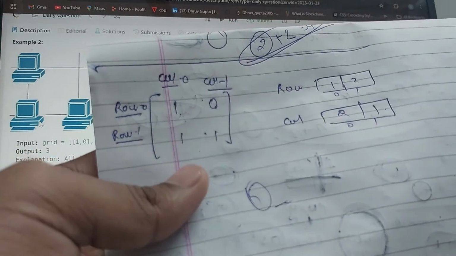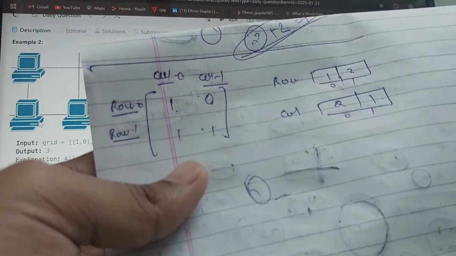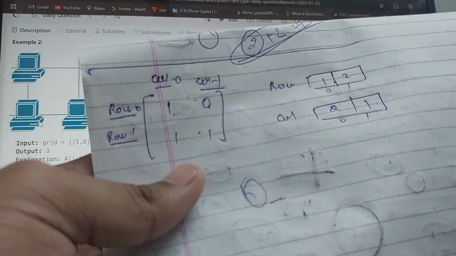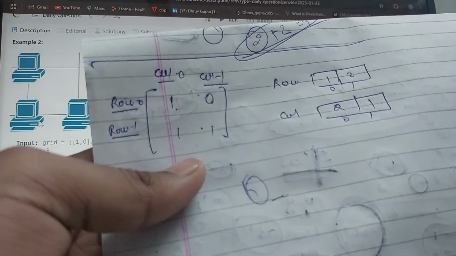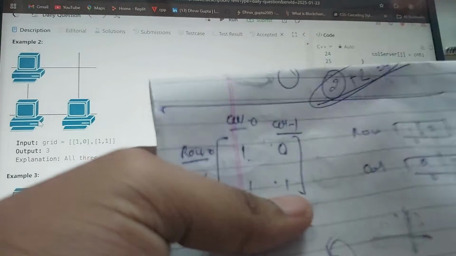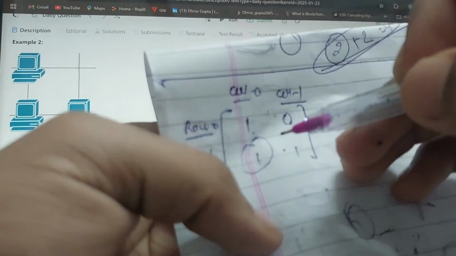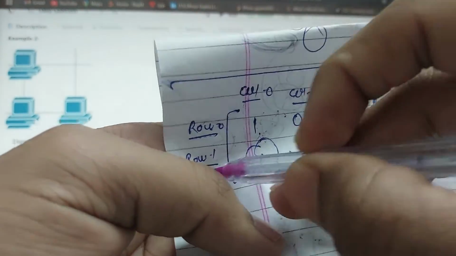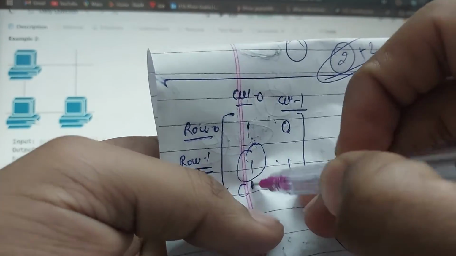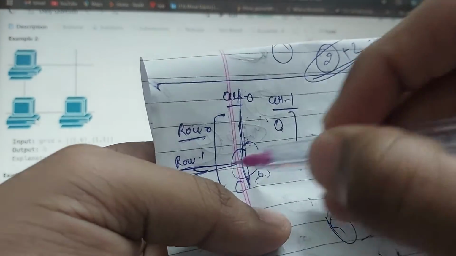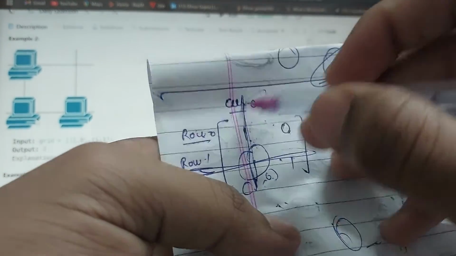If the number of servers in that row and that column, for example the 0th column and 1st row, is greater than or equal to 2, it means this server is common.